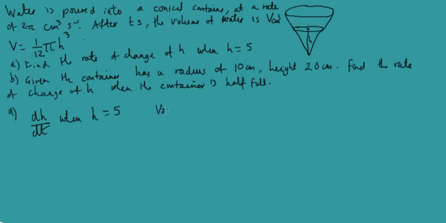So volume is increasing at a rate of 2 pi centimeters cubed per second. So dV by dt is 2 pi.